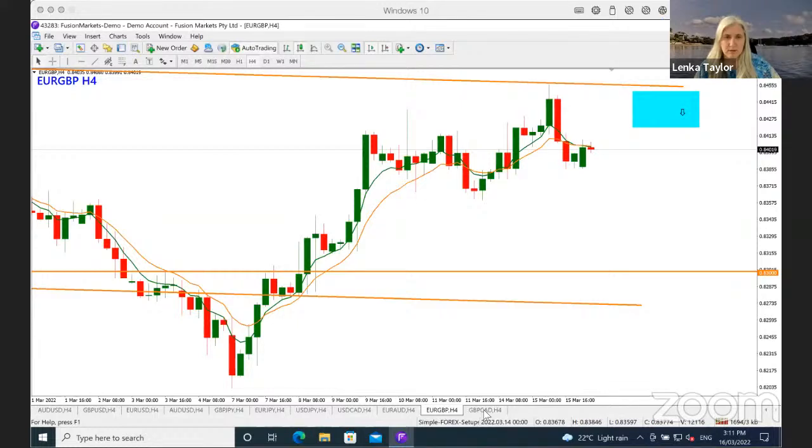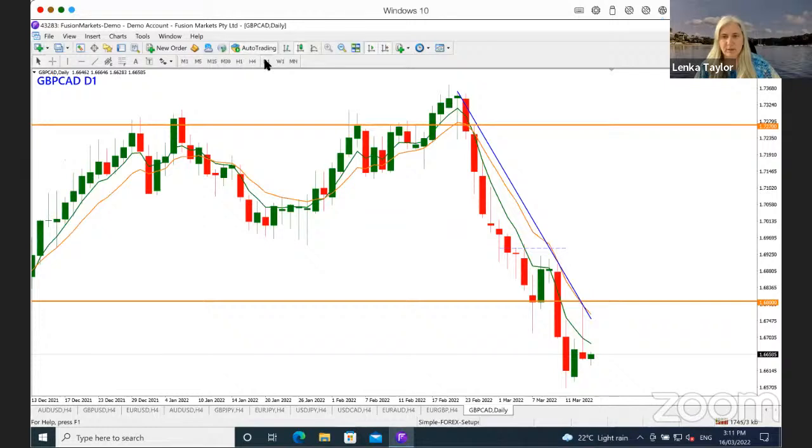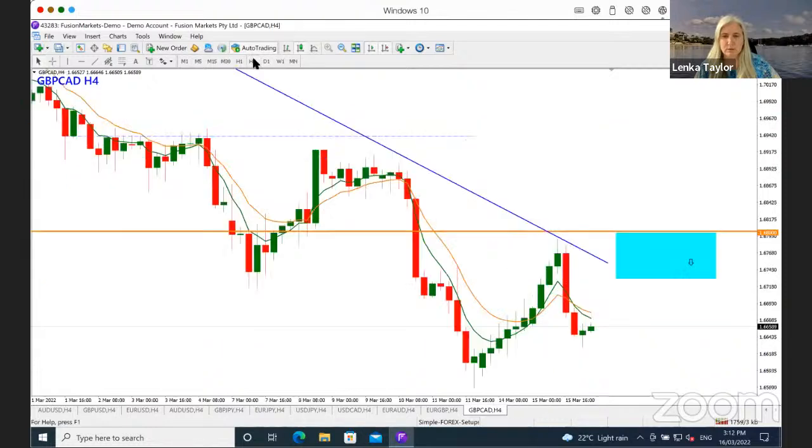And the last currency pair I'm looking at is GBP CAD, looking at short. So at the moment, we've gone under the previous channel. We had a test of that with the big pin bar on the daily. So looking for further price to go lower.